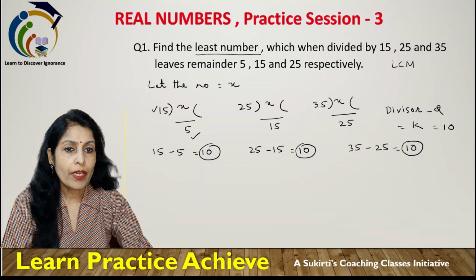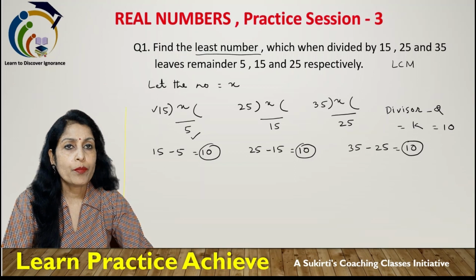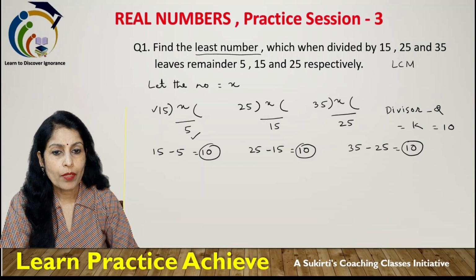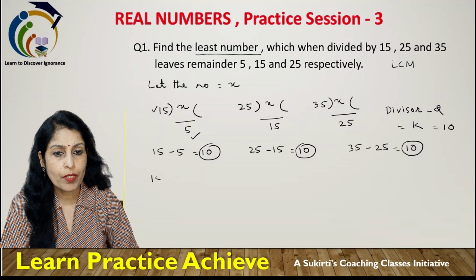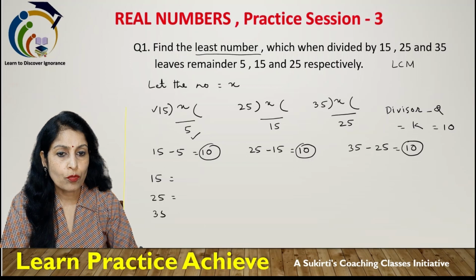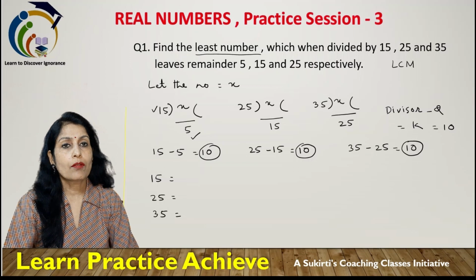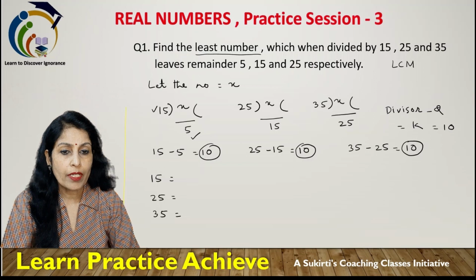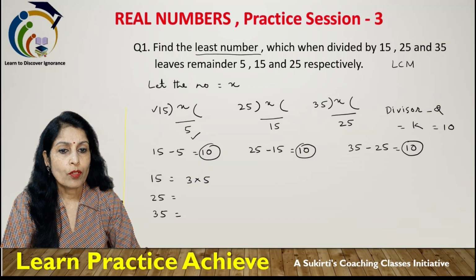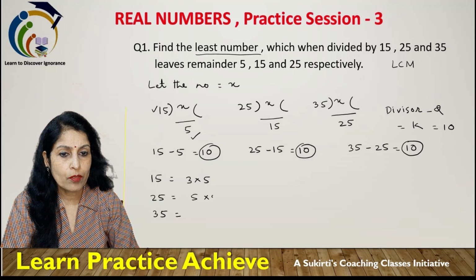Now because we have to find the least number, we will find the LCM of 15, 25 and 35. To find the LCM, first we have to find the prime factorization. For 15 we can write 3 into 5. For 25 we can write 5 into 5.